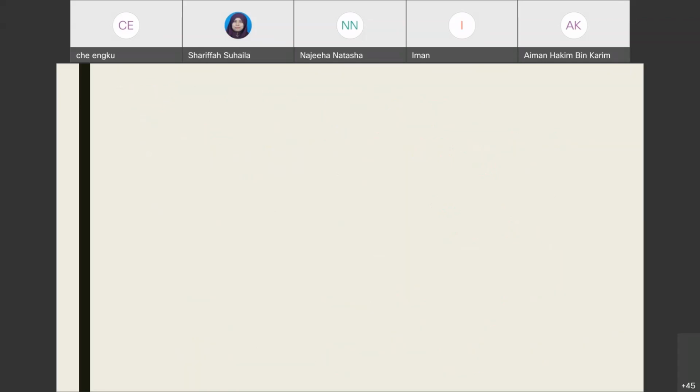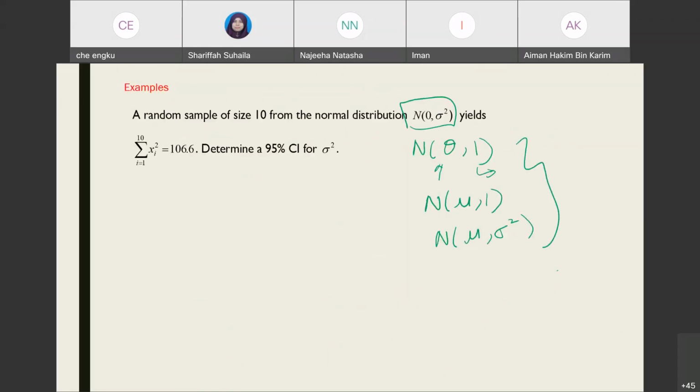Again, your mu here is 0. We have summation of xi minus mu, squared. So since mu is 0, we only use summation xi square, which is already given as 106.6.